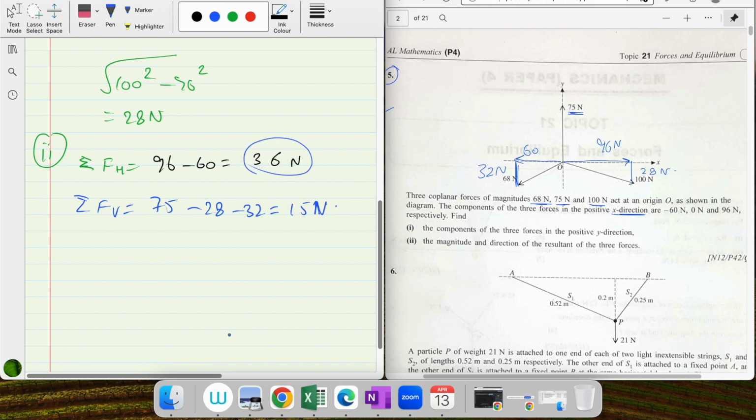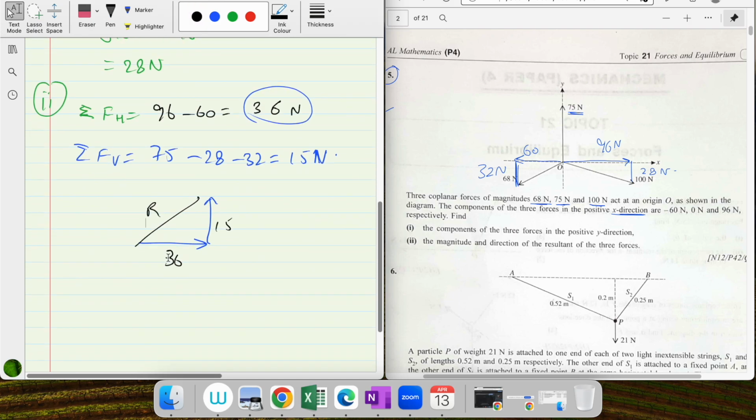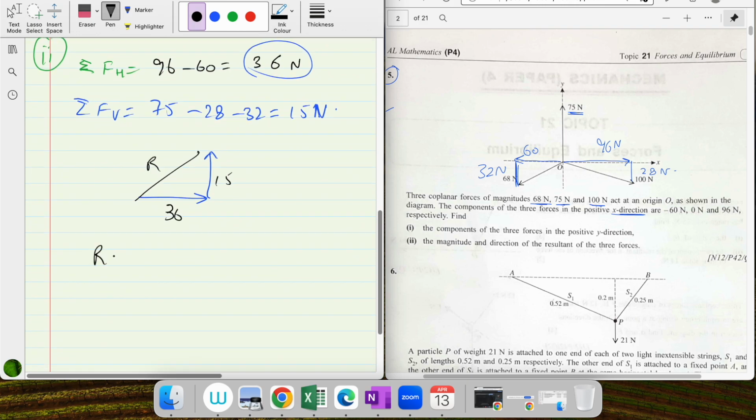Now we can see that it is 36 newtons in the positive horizontal direction and 15 newtons in the y direction, again positive, so it goes right and upwards. To find the resultant, we use the formula R equals the square root of x squared plus y squared, and I'm getting 39 newtons.